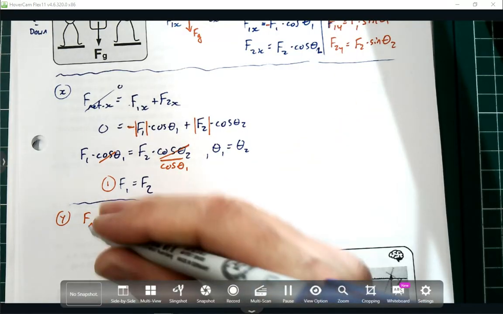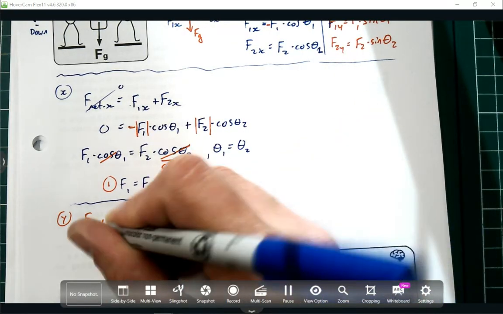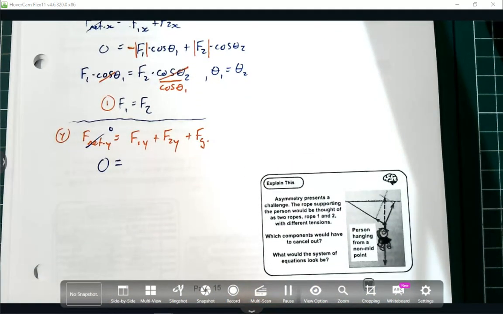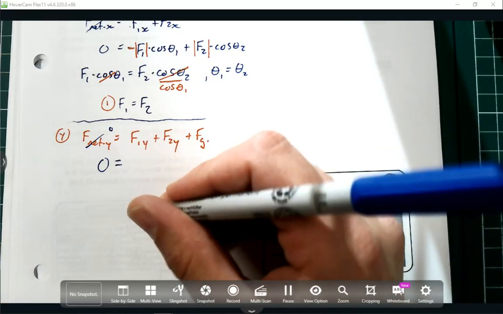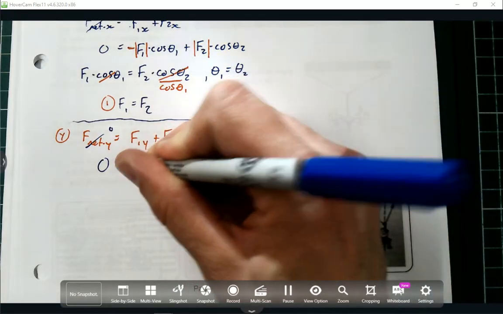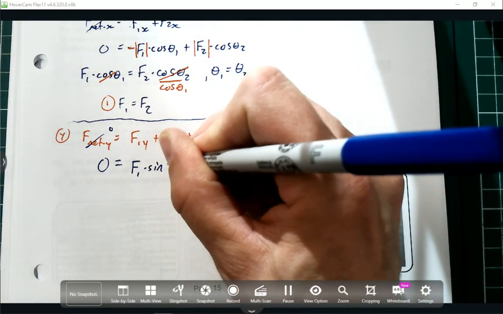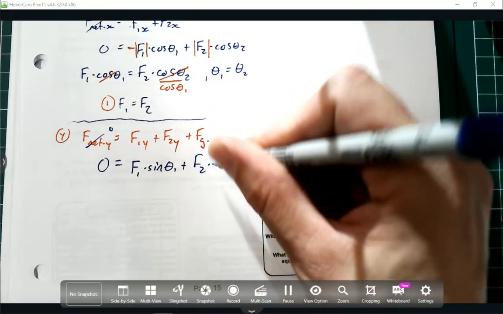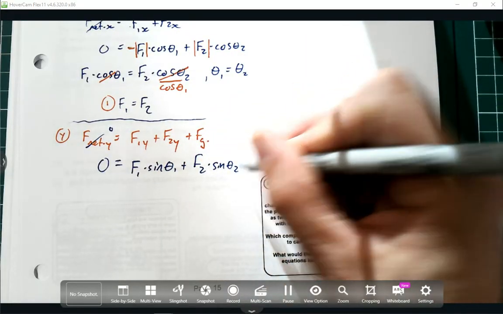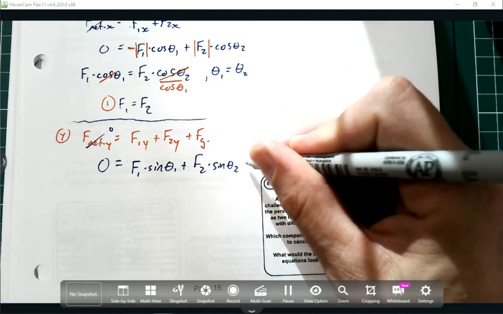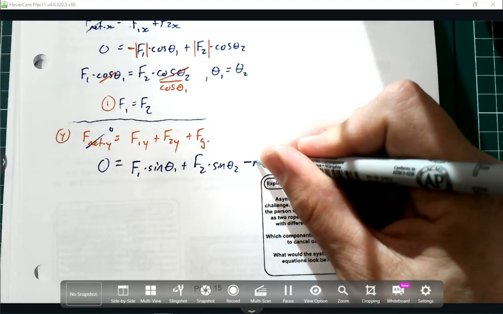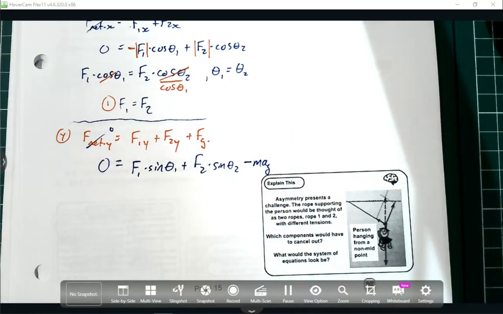If I expand this expression out, F net y was equal to 0, so I can just write 0 equals F1y, which we already did the thinking on, is F1 times sine theta 1, plus F2y, F2 times sine theta 2. And Fg, we'll throw in the negative sign now, because we threw it in the list of formulas up above: mass times acceleration due to gravity.